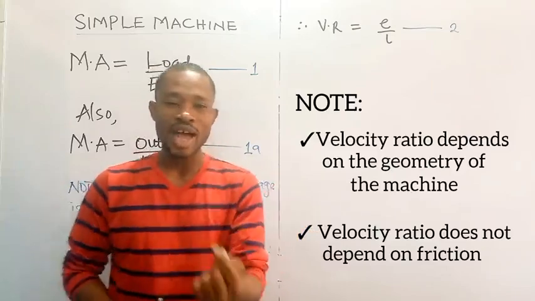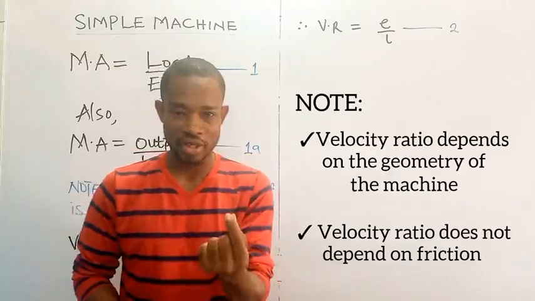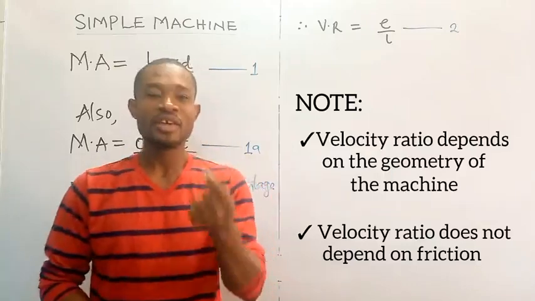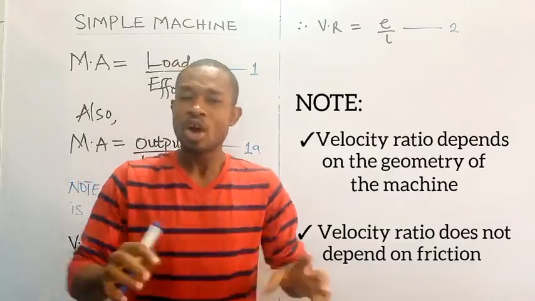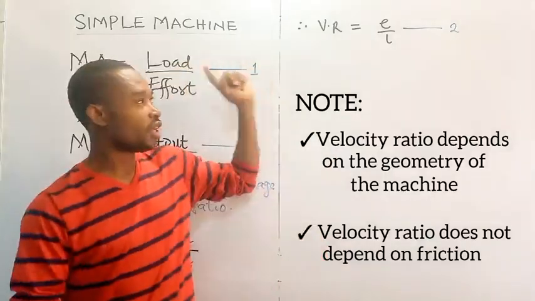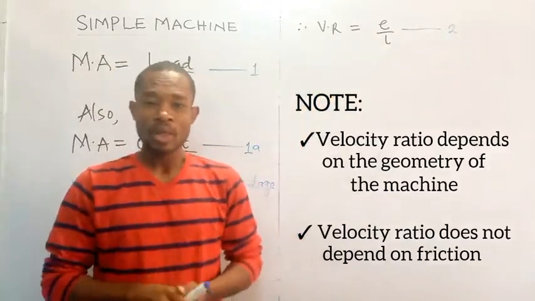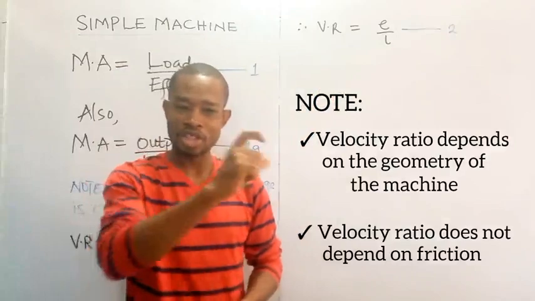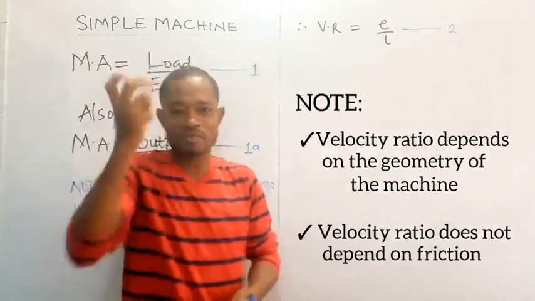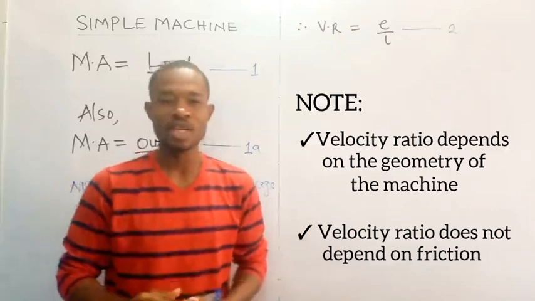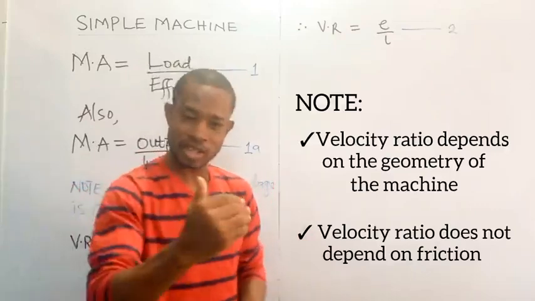And that is why I told you that different machines have different velocity ratio formula, although all of them are obtained from this distance moved by effort divided by distance moved by load. But now, depending on the shape of that machine, you can now get a special formula for the distance moved by effort. You can also get a special formula for the distance moved by load.